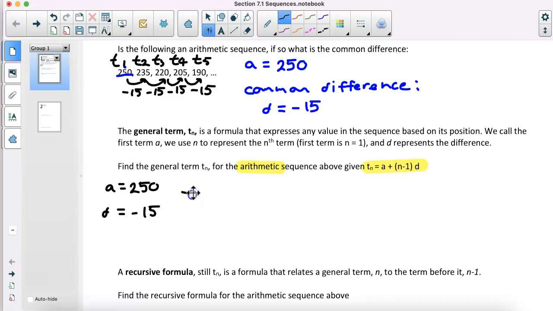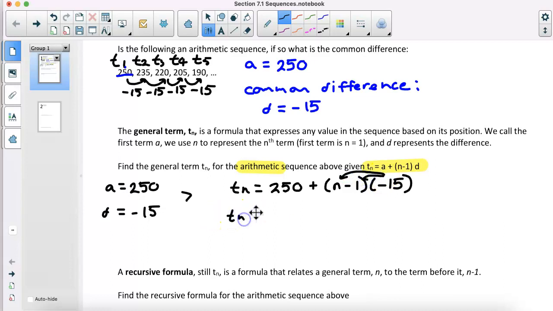So if we were to put these into our equation, our Tn is equal to A, which is 250, plus n minus 1, where n is the variable that doesn't change, so that stays in there. And then our D value is equal to minus 15. So what we're going to do to simplify this is multiply this into both terms.